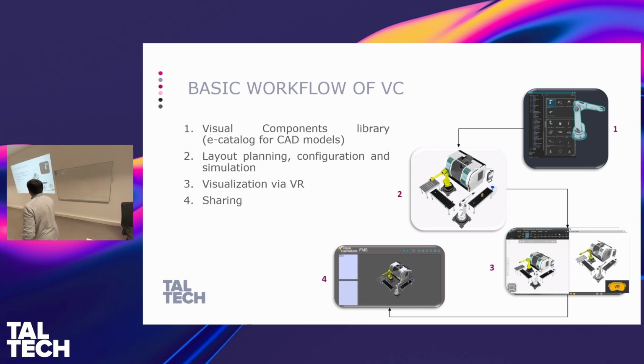The second step is layout planning, configuration, and simulation. And after we have this simulation ready, we can transfer it or make a mirror of this 3D simulation in the virtual environment, so you can be in that environment with a virtual reality headset. And then it can be shared also through PDF and so on.